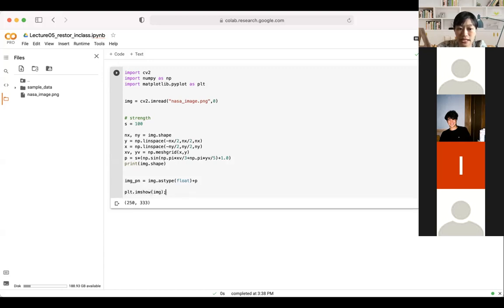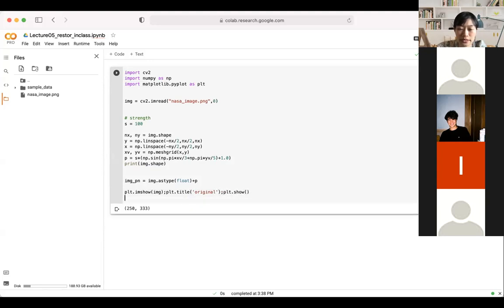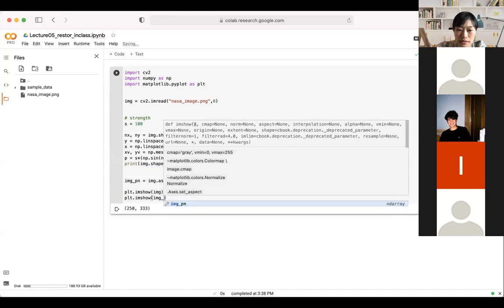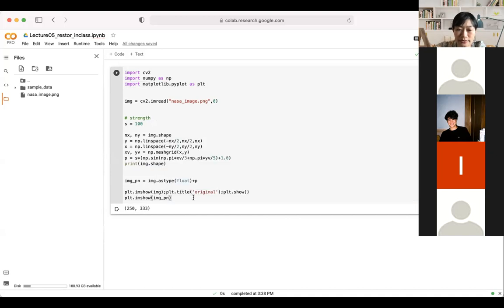So this is actually the original image. I have made it show so I can show another image. So the image that has been interrupted by the periodic noise is image PN, right?